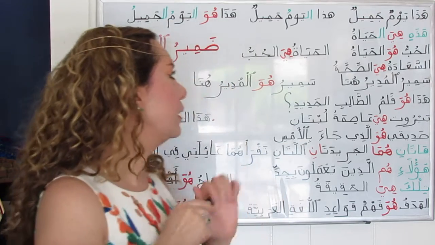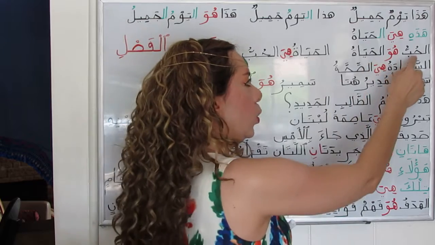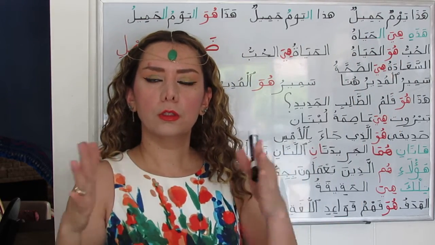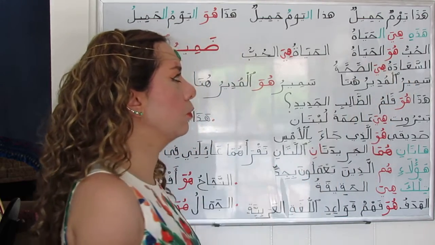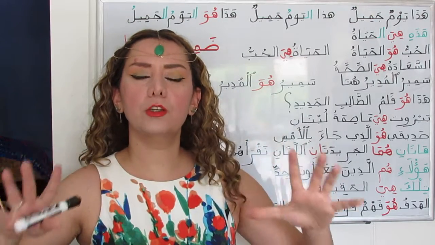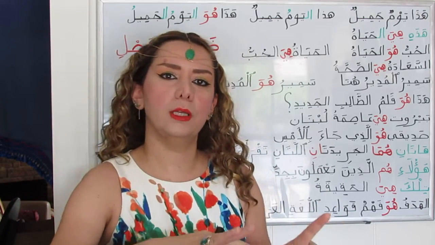You got it. So here we have two nouns, al-hubbu, al-hayatu, the love, the life. If you don't insert damiru al-fasli, we would not have a clear transition from the subject to the predicate.